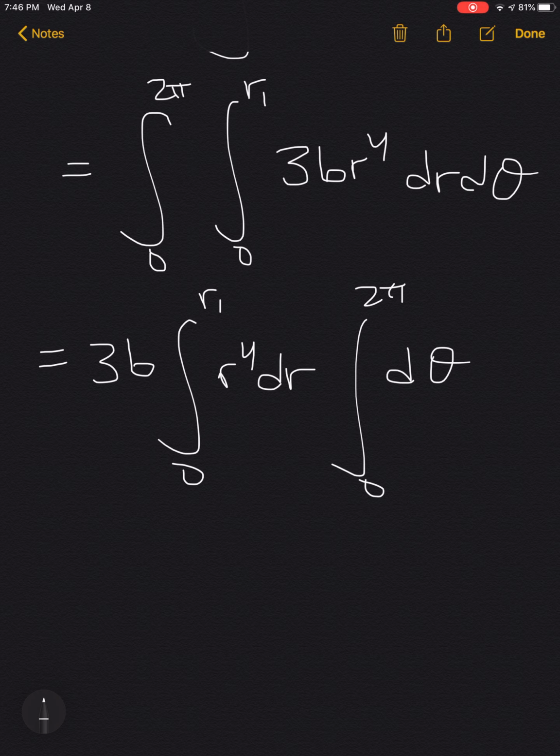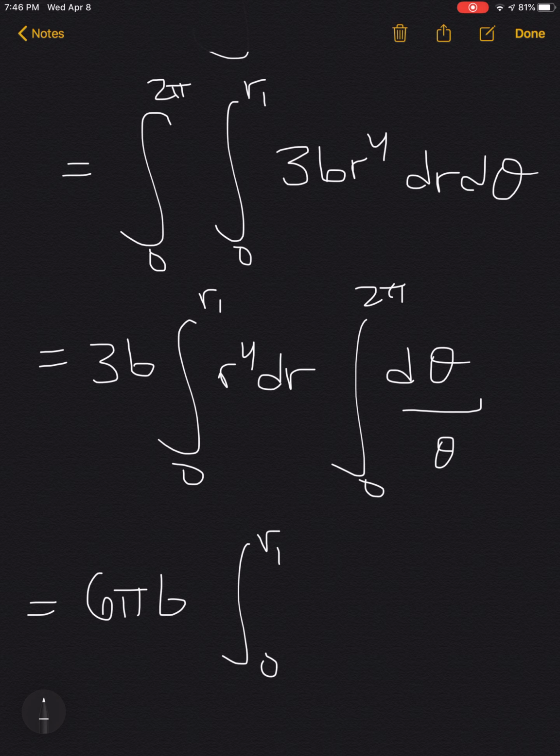Now we can easily compute that d theta because the integral of d something is just that something. And this is going to just integrate to theta evaluated from 0 to 2 pi. So this is just going to go to 2 pi. So this is equal to 6 pi b, integral from 0 to r1 of r to the fourth dr.